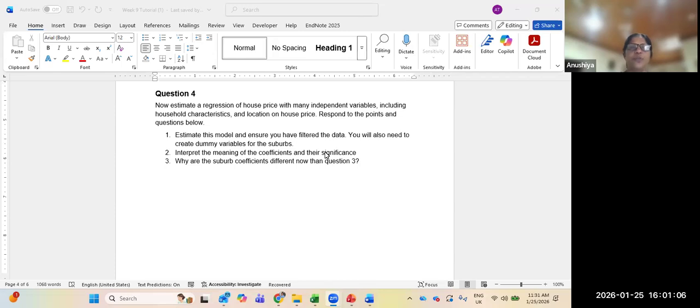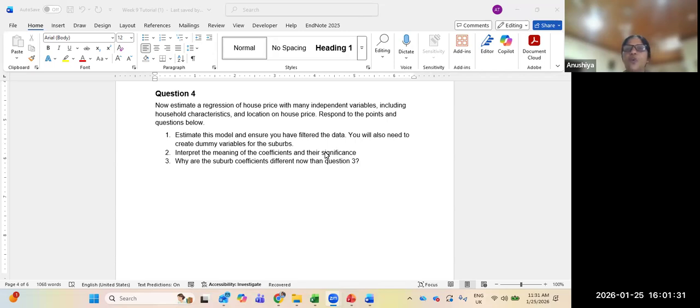This is for question number 4: house price with many independent variables, including household characteristics and the location of the house. Respond to the points and questions below. First, you are going to estimate the model. Before estimating the model, you need to filter and clean the data.